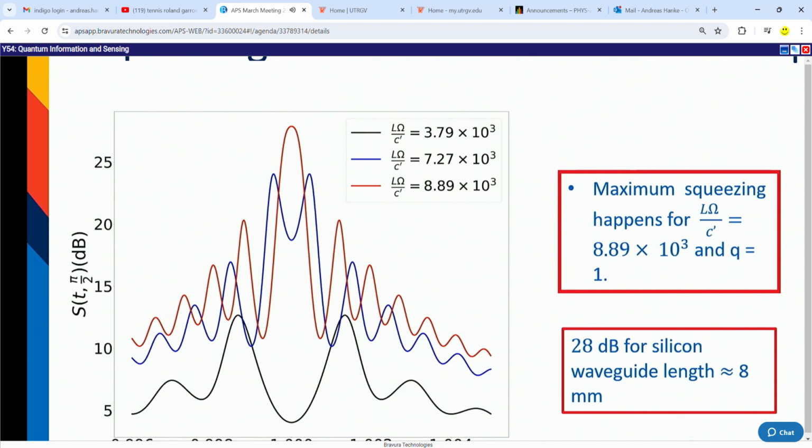So we predict up to 28 decibels of squeezing for a silicon waveguide that's approximately 8 millimeters long. For other values of q, the resonant length is different, and as a consequence, they have local maxima as a function of q.